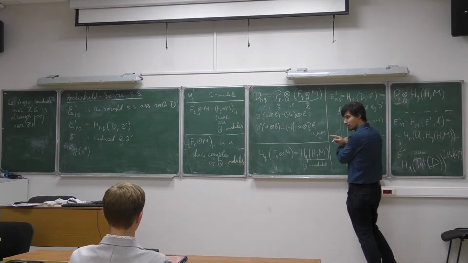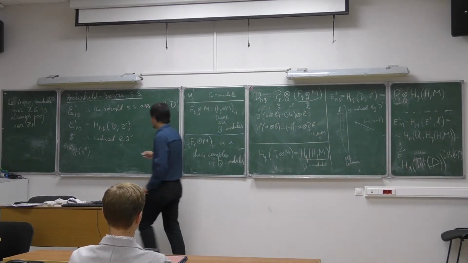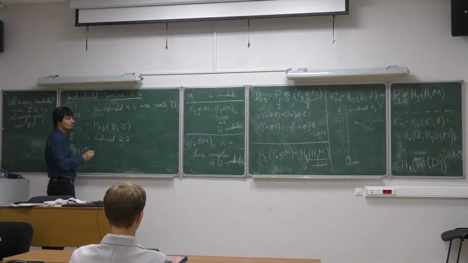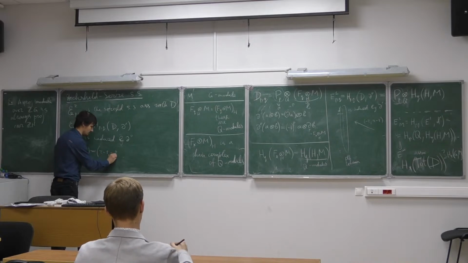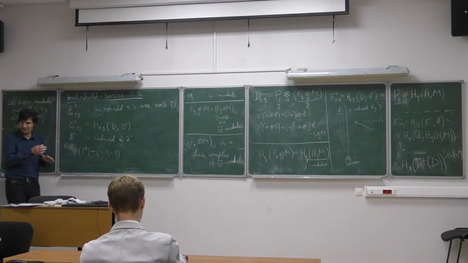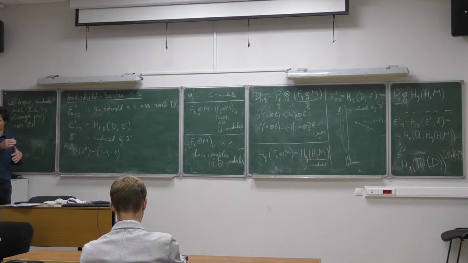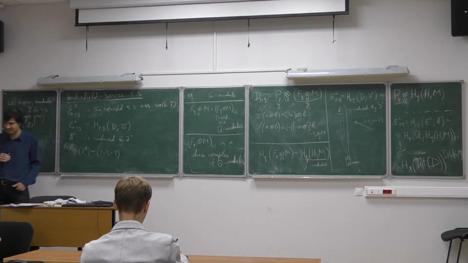And here the roles are swapped, so these bidegrees are (r-1, -r). So it is very unnatural to consider spectral sequences like this, but still, okay, let us start.